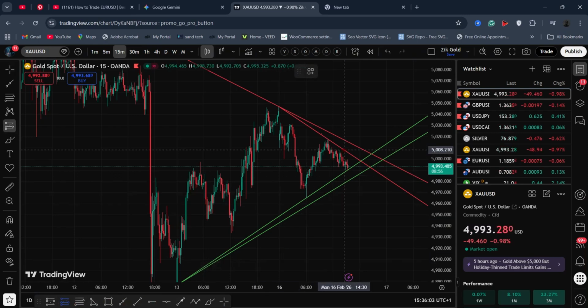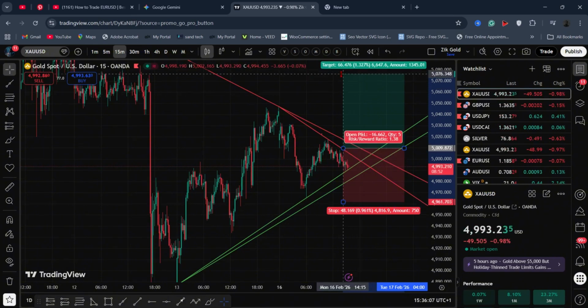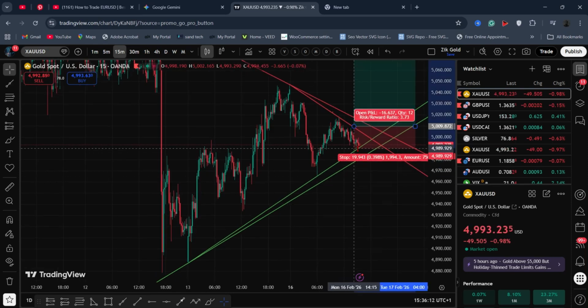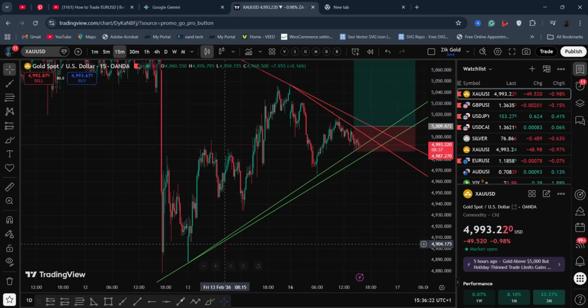If price breaks above this line, buy. Then insert your stop loss above this, above the bullish trend line or the upward trend line. You set it above this point. Same applies to the sell position.